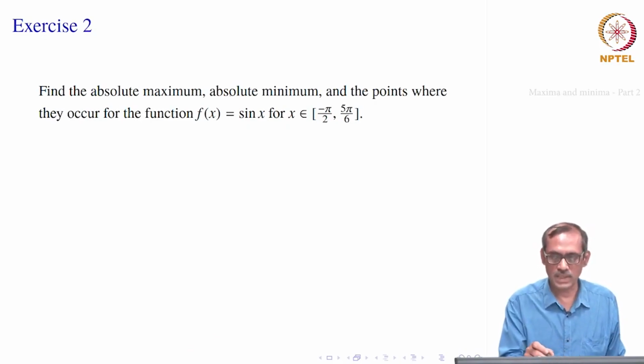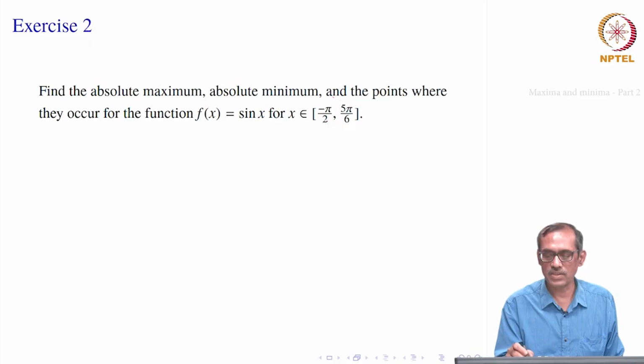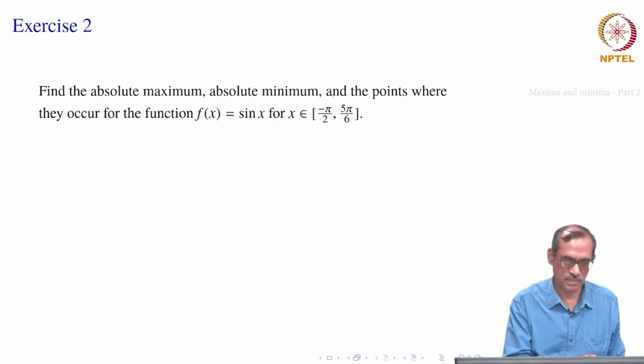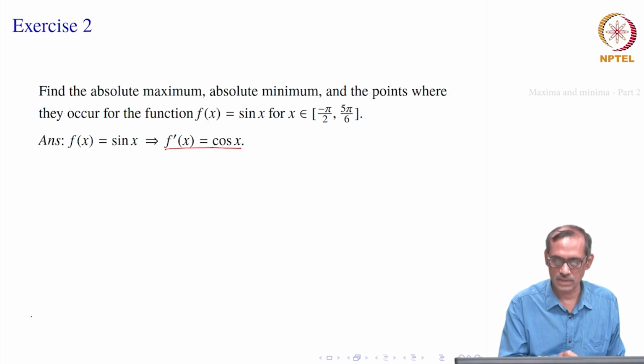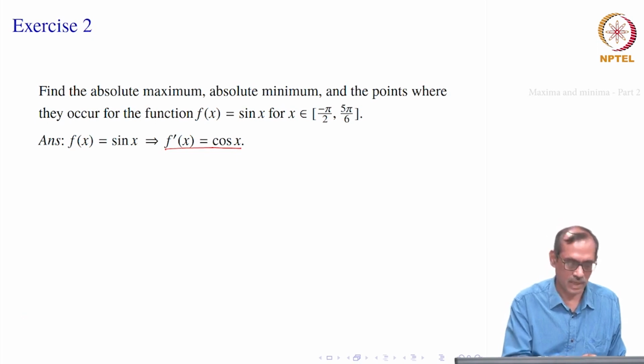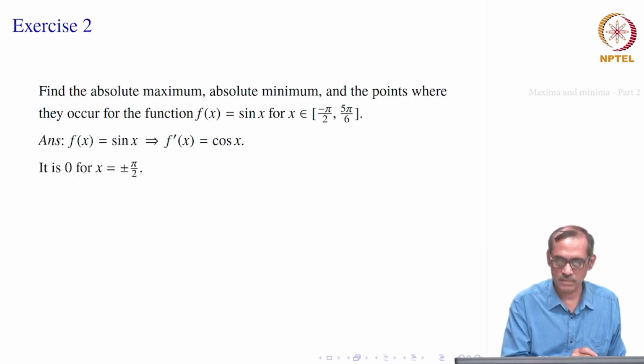Find the absolute maximum, absolute minimum and the points where they occur for the function f of x equal to sin x, where x is given from the closed interval minus pi by 2 to 5 pi by 6. Again we differentiate. So, we get f prime x equal to cosine x and we equate that to 0 to get the critical points.